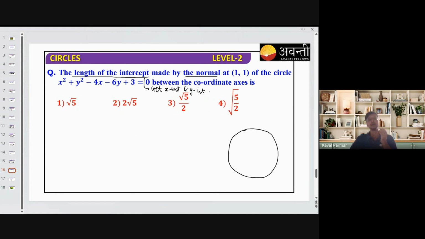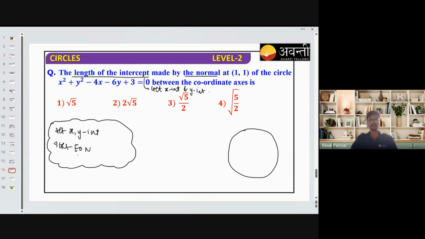So, to get x-intercept and y-intercept, we need equation of normal. See, this is the reverse thinking I'm talking about. Start from required. So, let me write it here. It will be easy. So, get x and y-intercept implies get equation of normal.